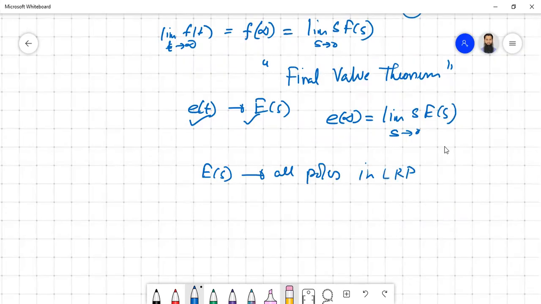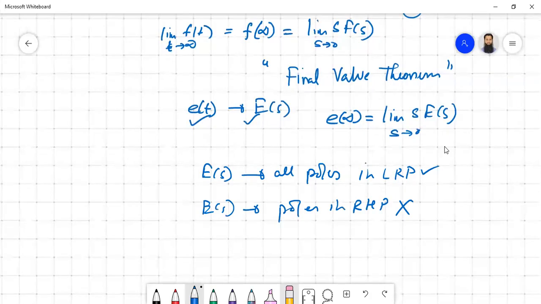If E(s) has poles in the right half plane, your error analysis cannot be correct. The correct value cannot be obtained. Basically you can apply it, but it will give some error or wrong values. So this is one thing we have to be careful about: the validity of your steady state error analysis if you want to apply the final value theorem.